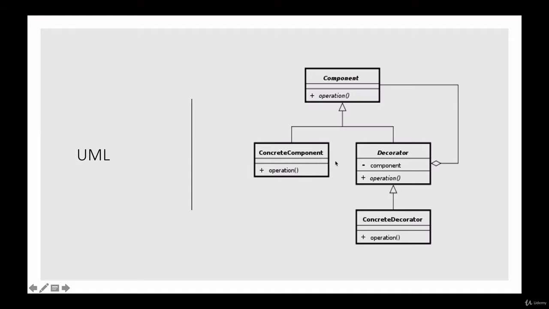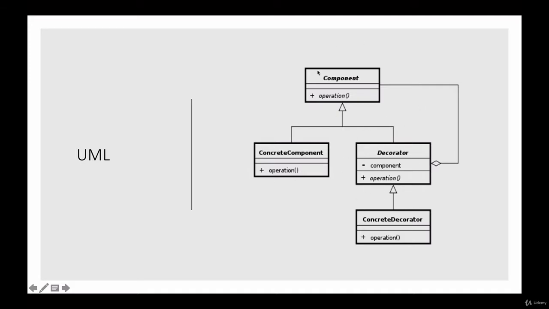Now what we'll do is create separate decorators like encrypted file reader and compressed file reader. We'll create these several decorators, and we'll wrap our file reader class around these decorators, and we'll get completely different behaviors. So we'll be able to create different kinds of combinations for the file reader class using our decorators.